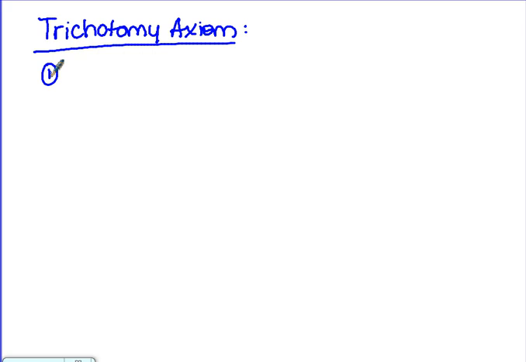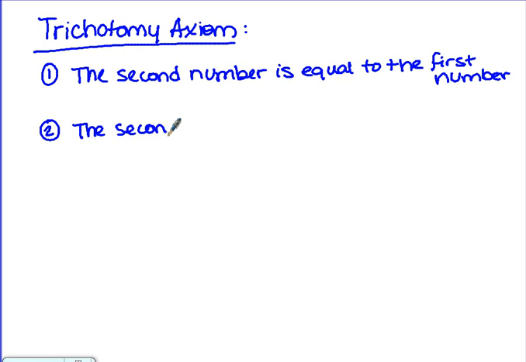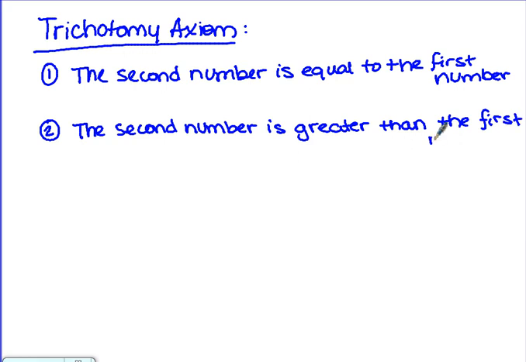When I'm comparing one number to another, either the second number is equal to the first number, the second number is greater than the first number, or the second number is less than the first number.